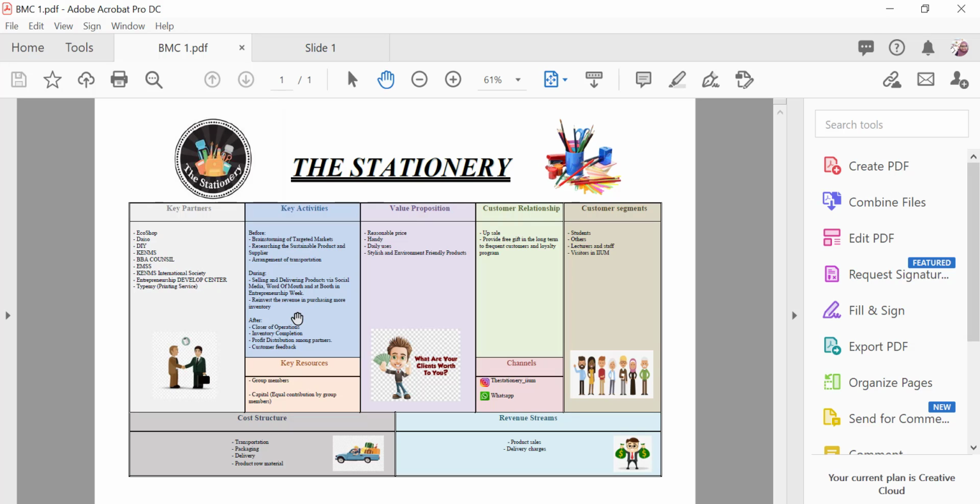Packaging is not connected to the key activities. There is a delivery in there. Raw materials should be connected to the key partners because of the supplier. So these key partners, key activities, and key resources are connected to the cost structure.